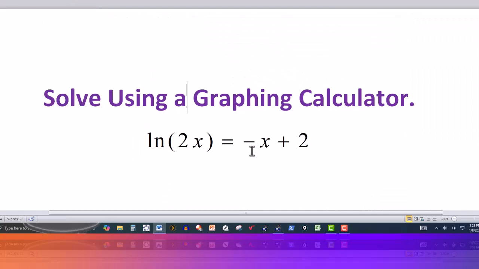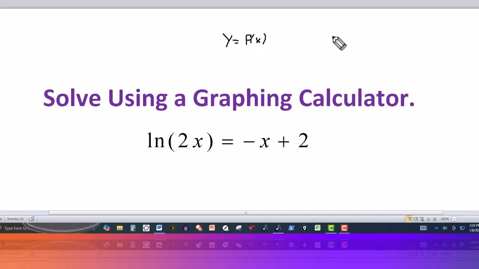Now using the zero feature, we use the fact that if I have any function, say y equal f of x, I can graph this function, and wherever the graph crosses the x-axis, that generates the x-intercepts, and the first component of each point gives me the zeros, which is going to be the solution to that.